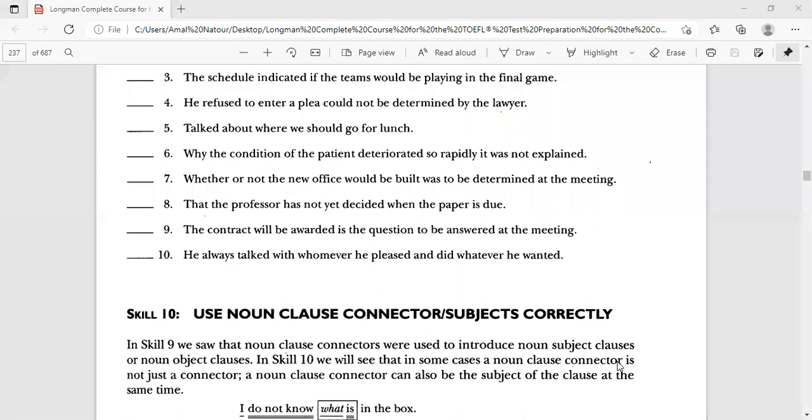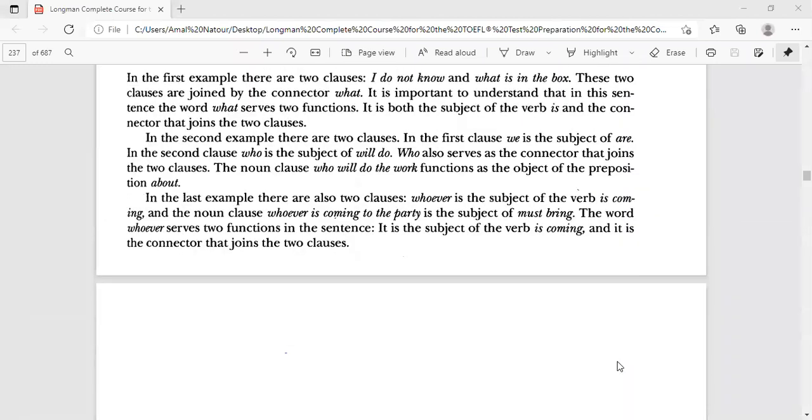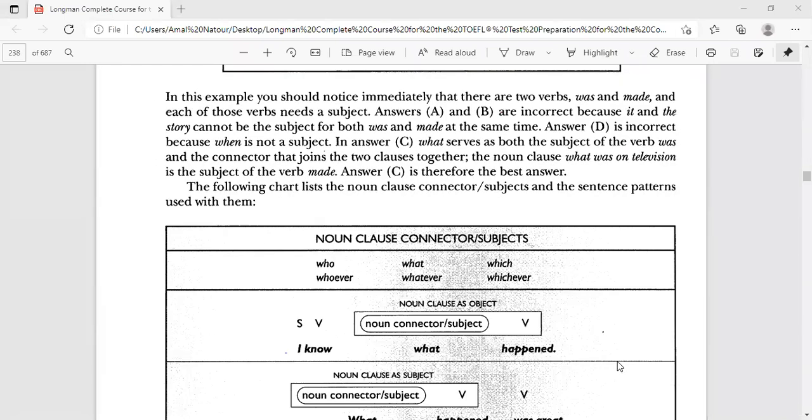What are these noun clause connectors? I have to know them by heart. They are who, whoever, what, whatever, which, whichever. هدول فقط لا غير. These connectors are called noun clause connectors, and they play the role of subject of the verb. يعني بيلعب لي دور الفاعل للفعل. اوكي بس هدول الستة غيرهم لا.